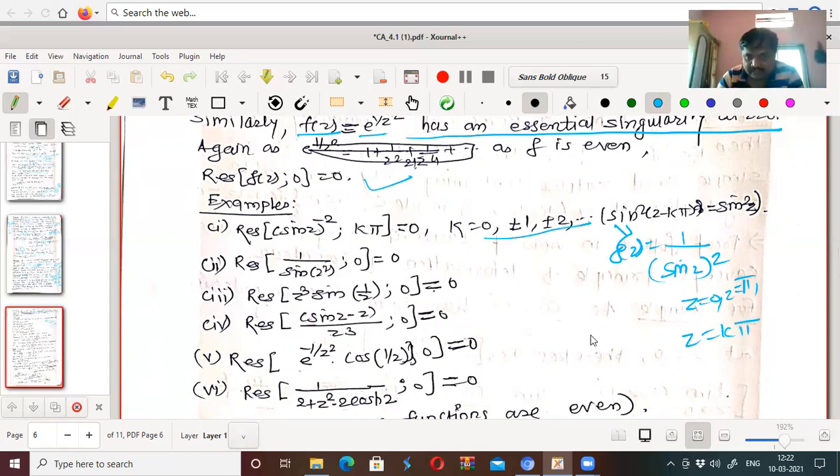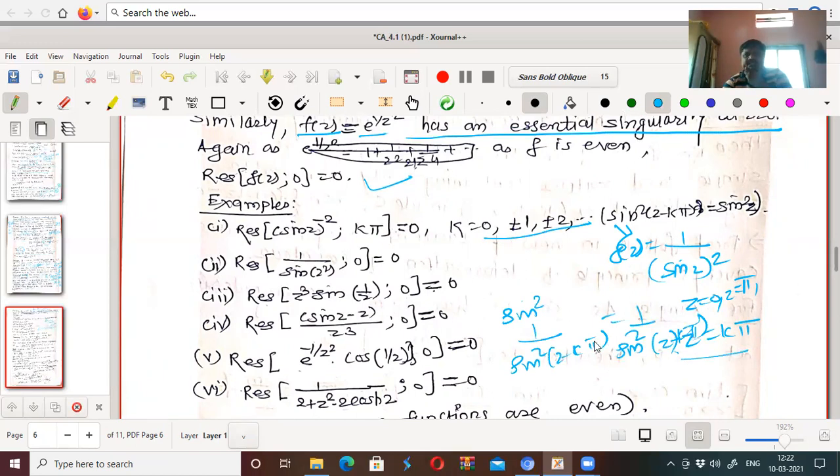Regarding these singularities, it is 1 upon sine square of z minus k pi, and that is equal to 1 upon sine square of z minus k pi again. Same thing. So it is an even function in z minus k pi, and as it is even, the residue at k pi is 0.